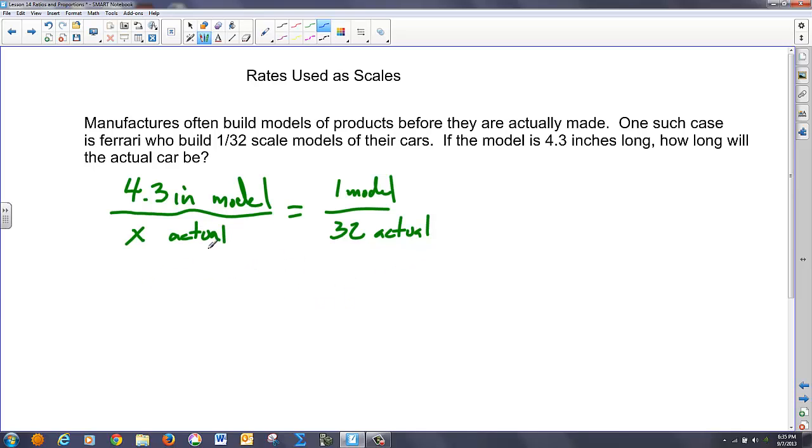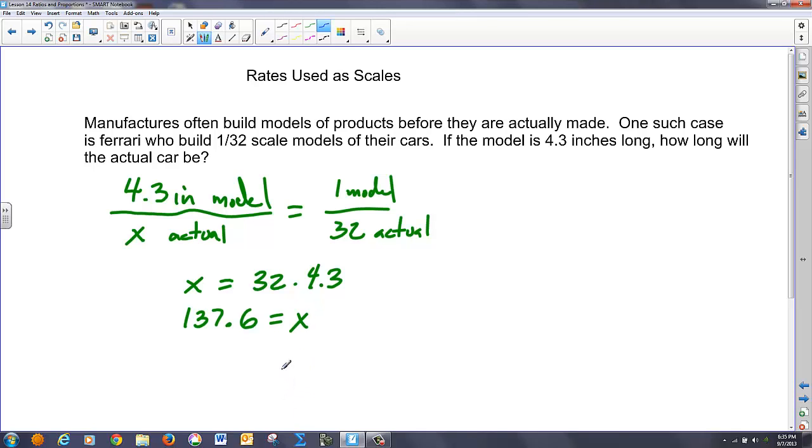Alright, so we take and do our cross product. 1 times X is X. 32 times 4.3 is going to be roughly 137.6. And that's equal to x.